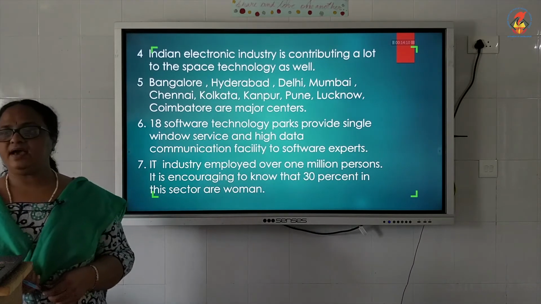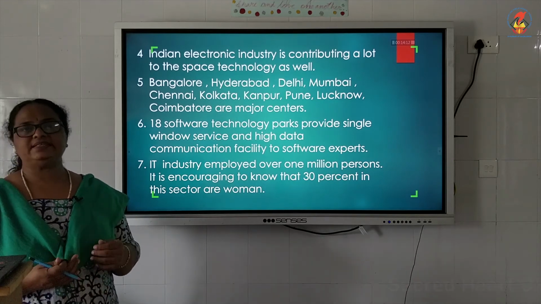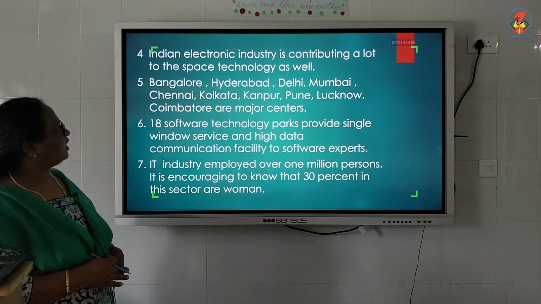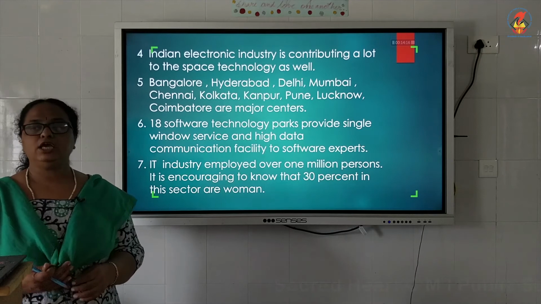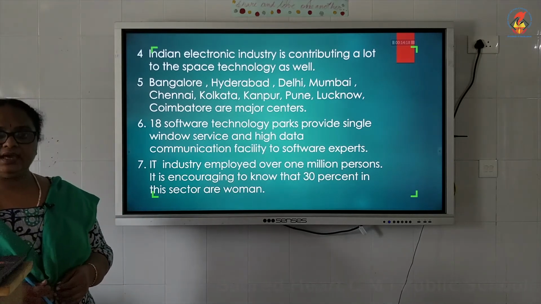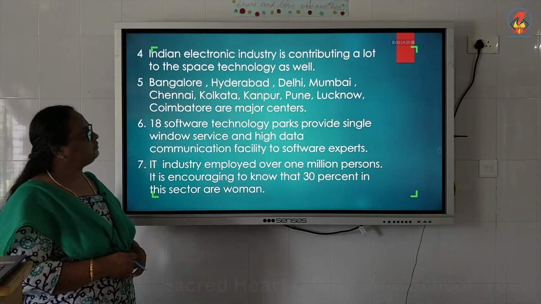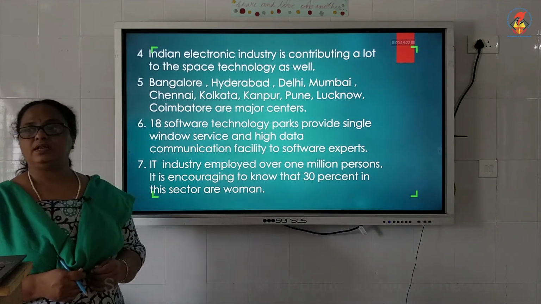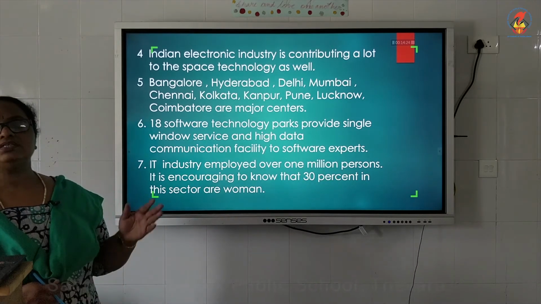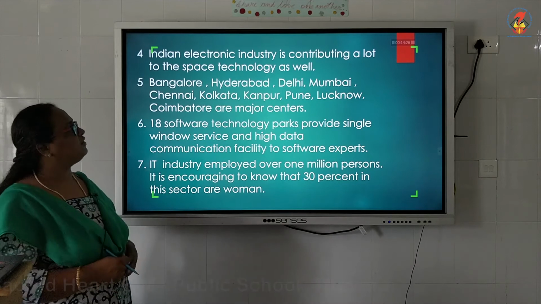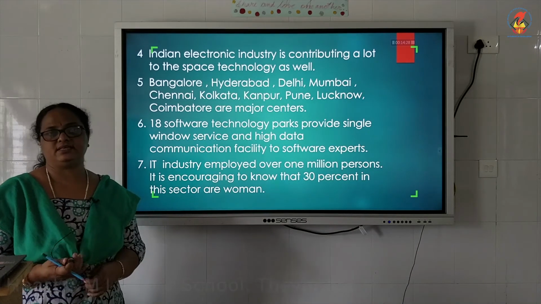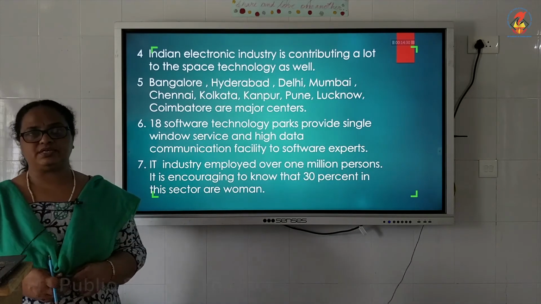Then we have other places like Bangalore, Hyderabad, Delhi, Mumbai, Chennai, Kolkata, Kanpur, Pune, Lucknow, Coimbatore, some of the major centers of electronics industries.